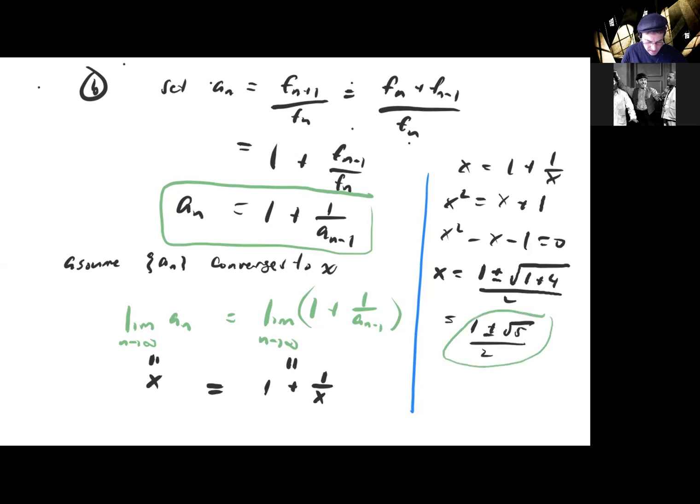What's interesting is that one of these numbers, 1 plus the square root of 5 over 2, is called the golden ratio. It's often denoted by phi. And what is the golden ratio?